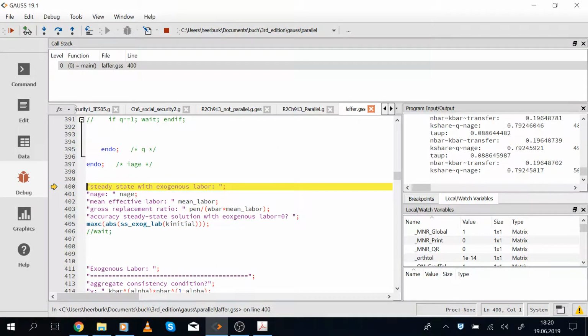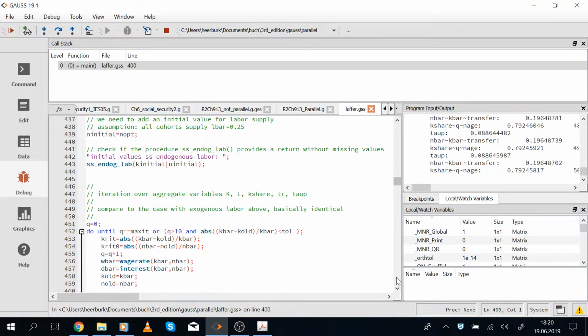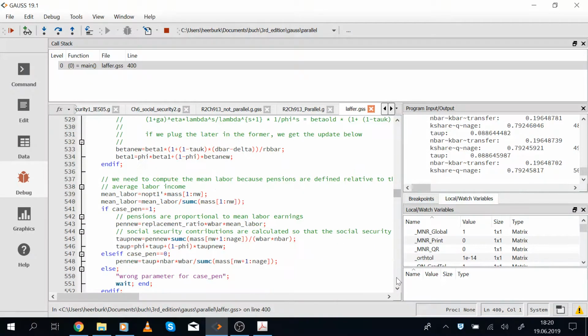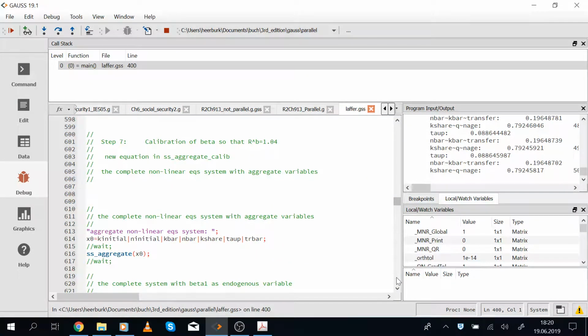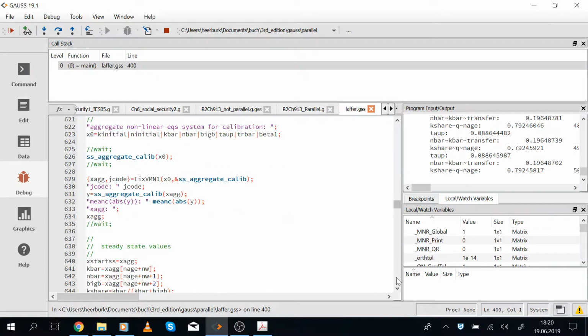So now we have computed this, and let's jump to line 626, by moving the cursor to line 626 and pressing the appropriate arrow in the top menu.